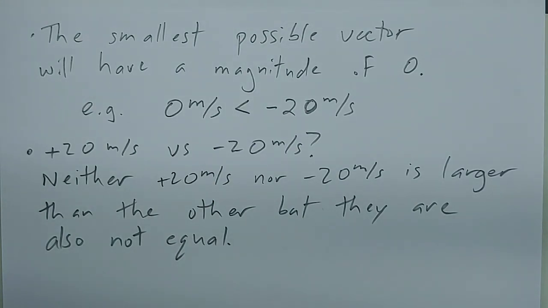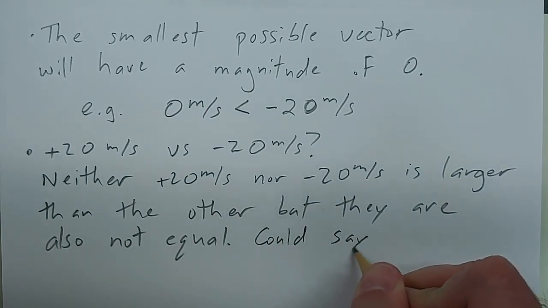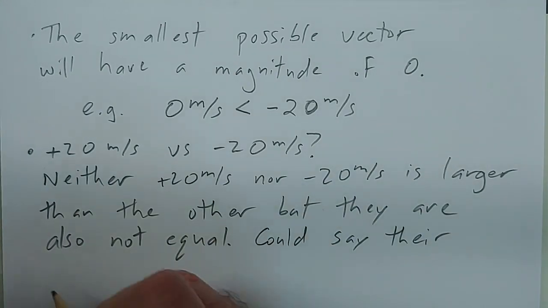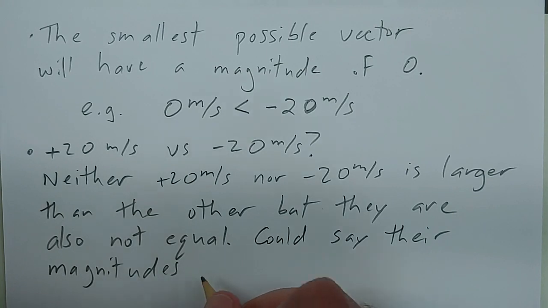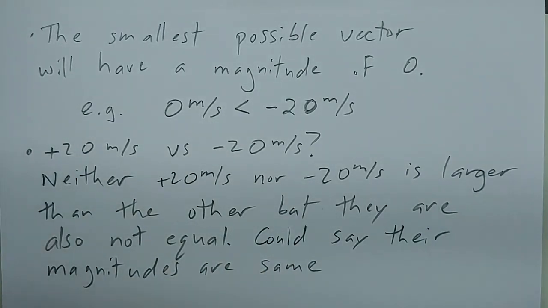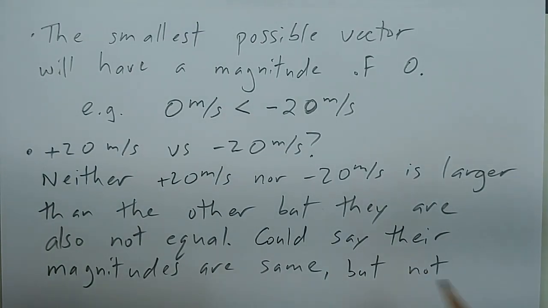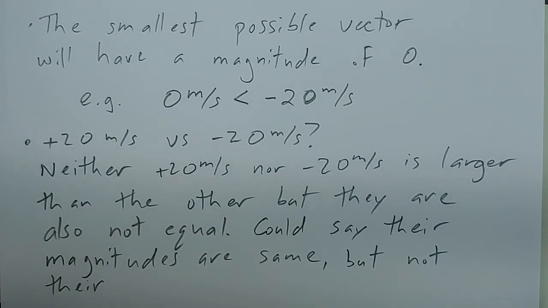They are two different quantities that represent two different things going equally fast but in opposite directions. And so neither one's bigger, but they're also not the same. We could say their magnitudes are the same. That would be true. But not the entire velocity.